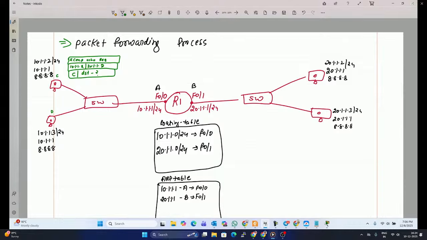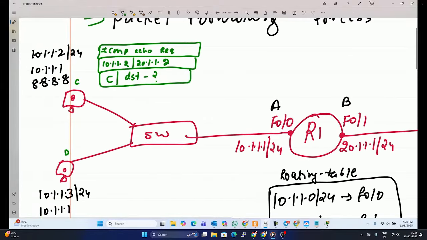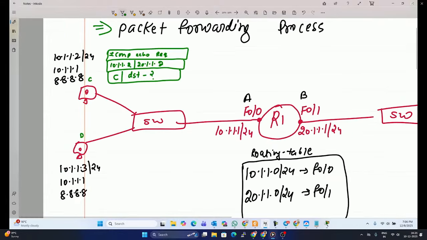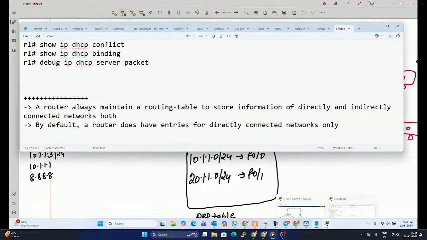If the destination is located in a different network, then we are going to generate an ARP request for the default gateway. So the user will always generate an ARP request for the default gateway. It never knows about the different networks.